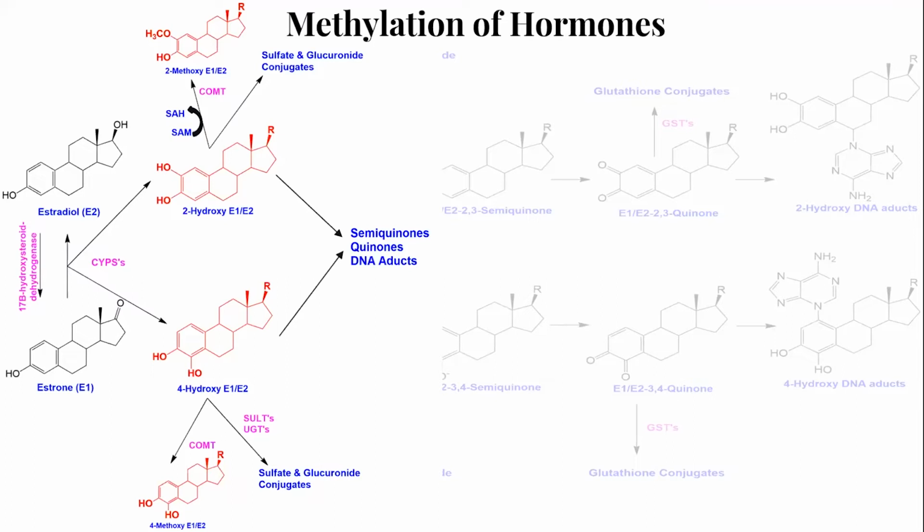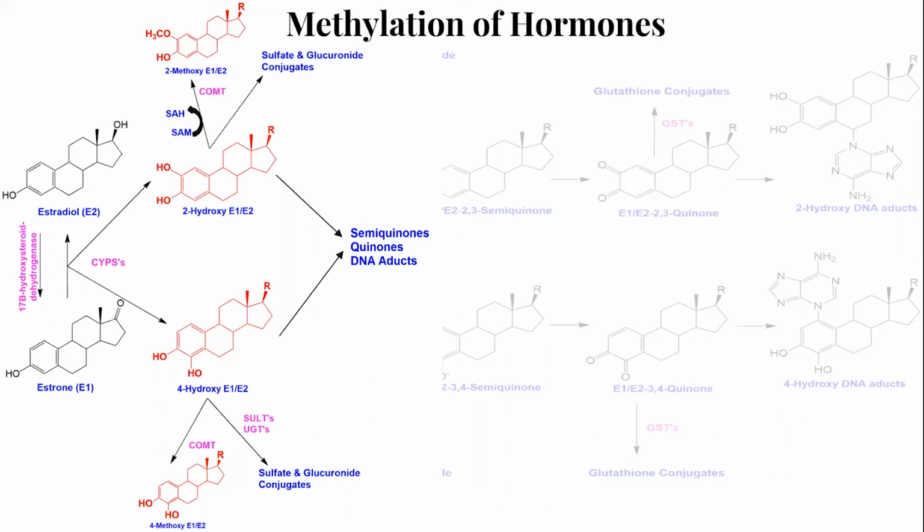Polymorphisms in the gene that encodes for the enzyme COMT may lead to a variation in enzyme activity. Some polymorphisms might cause the COMT activity to decrease, leading to a possible increase in estrogen quinone and depurinating DNA adduct formation. This subsequently increases the risk of tumor formation.